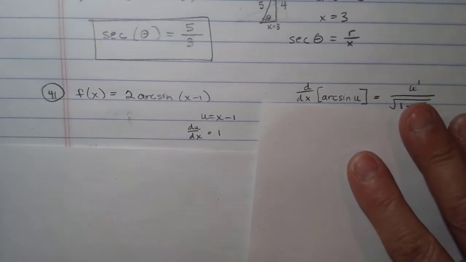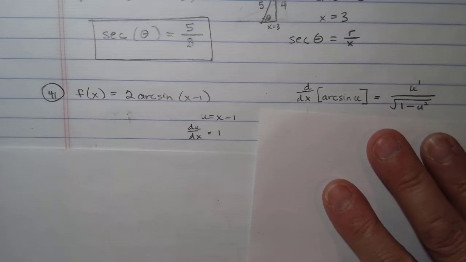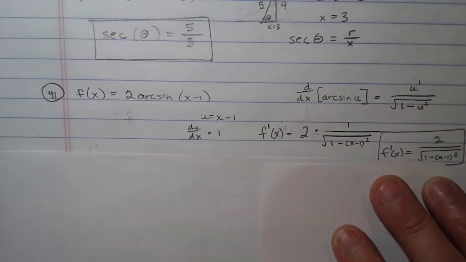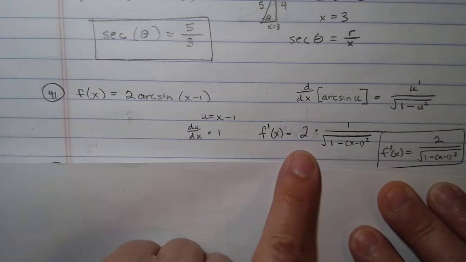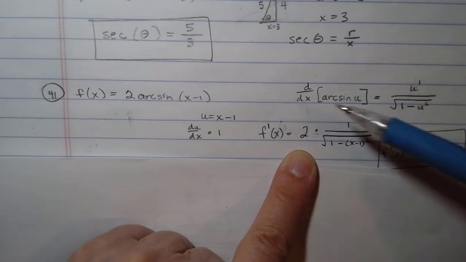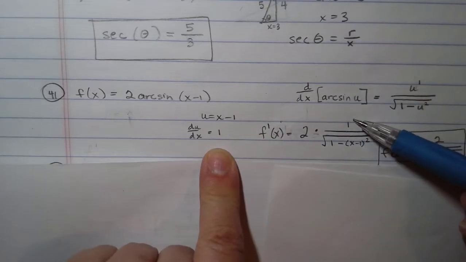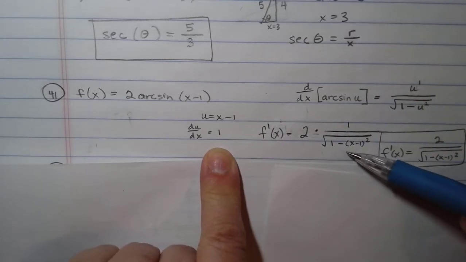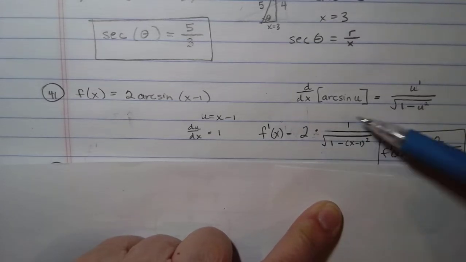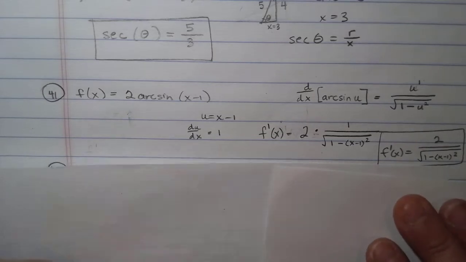My u is x minus 1. My u prime, which is also known as du dx, is 1. So f prime is 2. The derivative of arc sine of u is u prime over the square root of 1 minus u squared. And all I can do to really clean that up is move this to the numerator. That's about it.